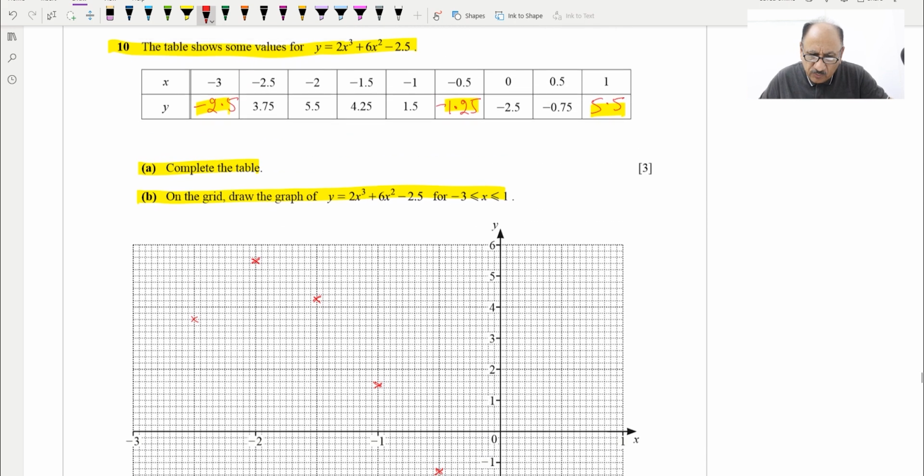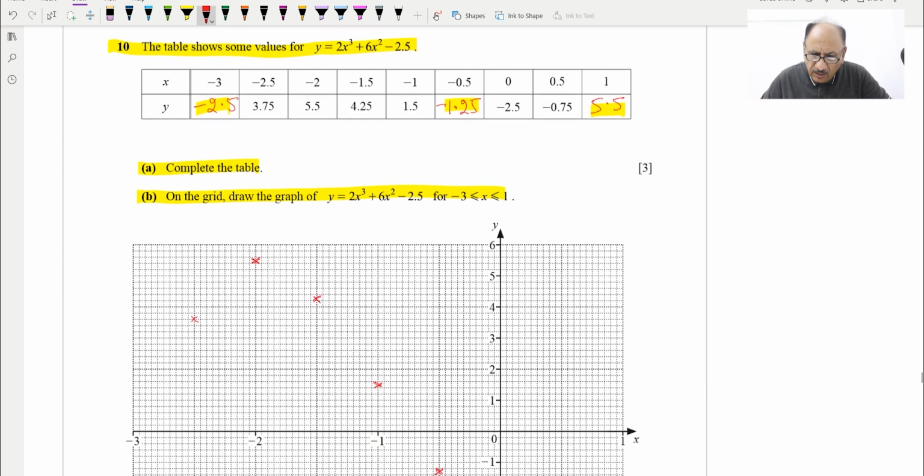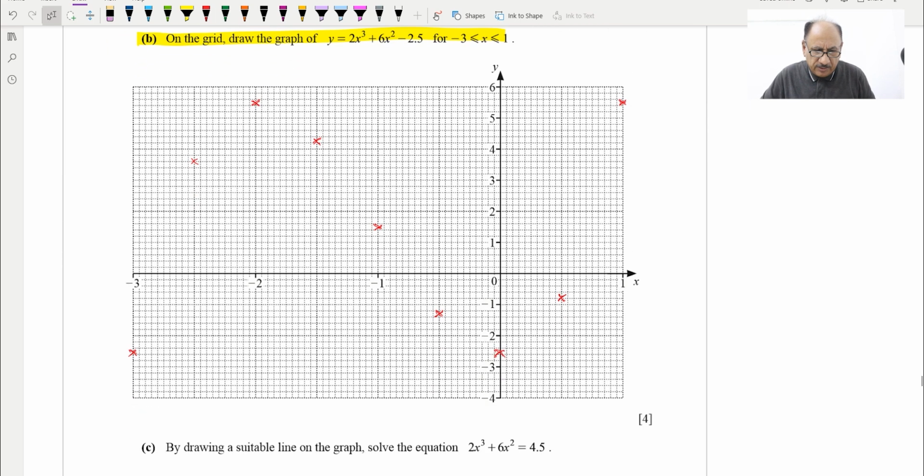And next value 0 and minus 2.5, so 0 and minus 2.5 over here, and 0.5 and minus 7.5. 0.5 and minus 7.5 will be roughly over here, and 1 and 5.5. So 5.5 will be this one. This is done. We have plotted all the points.